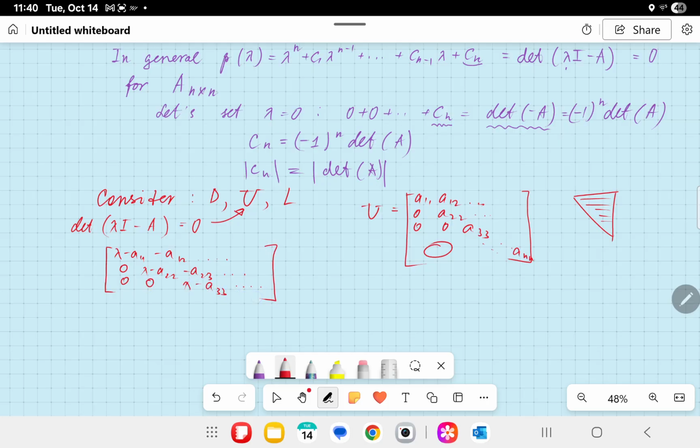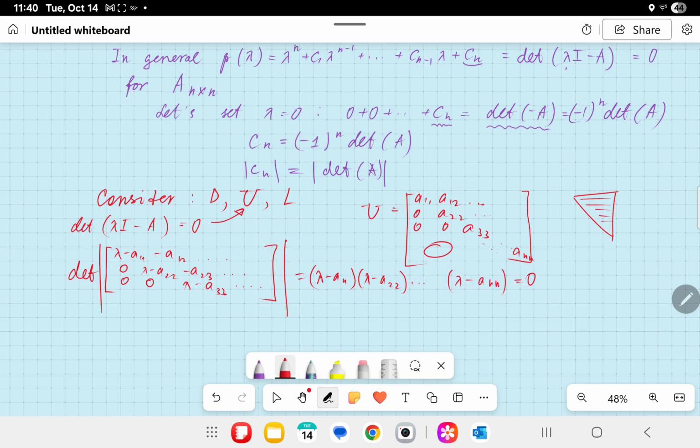Well, guys, what are we going to see? What is going to be the determinant of this matrix? We remember that for an upper triangular matrix, it's still upper triangular. The determinant is the product of diagonal elements, right? Because if you do expansion by, for example, the first column, you are going to get this. So the determinant of this matrix is going to be lambda minus A11, lambda minus A22, and lambda minus ANN.